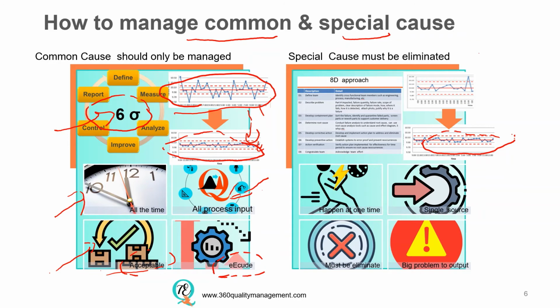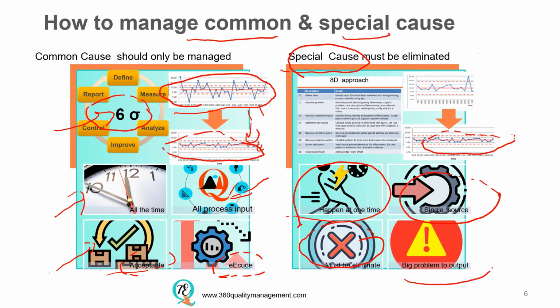The next variation is a special cause variation, which happens only at one time, and it could be due to a single source and must be eliminated immediately, and it will have big problem to the output if it's present.